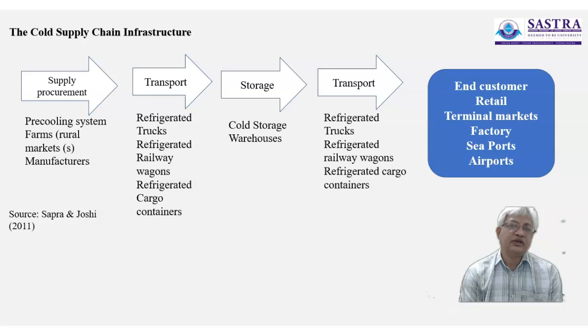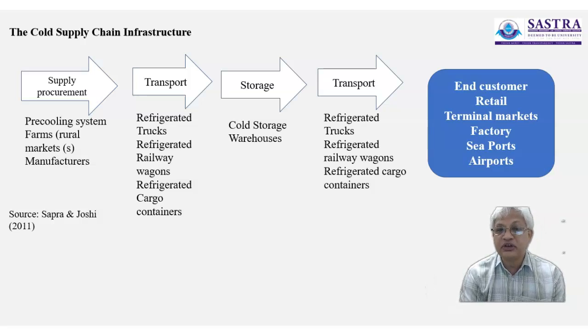Now, the first point is supply procurement. Supply procurement requires certain infrastructure facility, which is pre-cooling system for the rural markets, and sometimes it is also required for certain manufacturers. Well, what are these pre-cooling systems? We'll discuss very shortly towards the end.